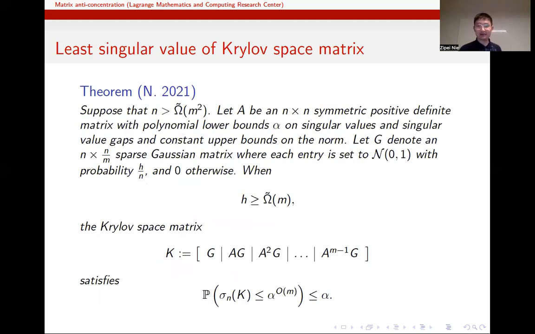And our improvement is on the random matrix inequalities. It's saying that we can take sparse Gaussian vectors as those b_i's, and the density is m over n times log factors.